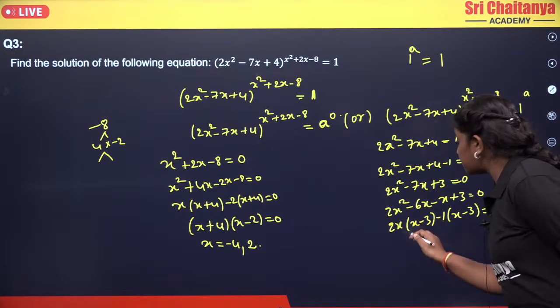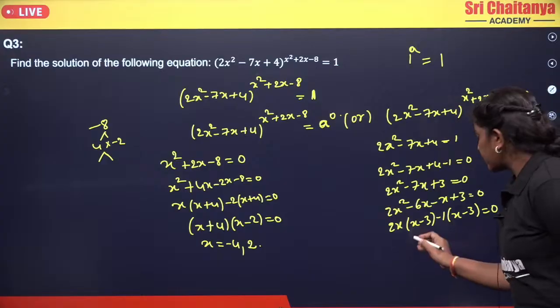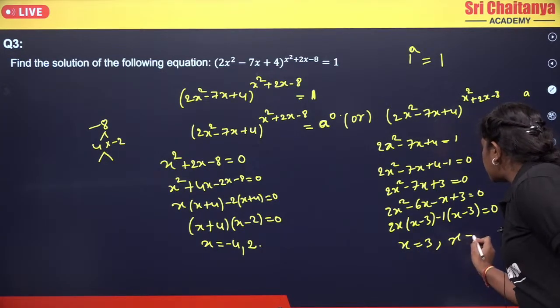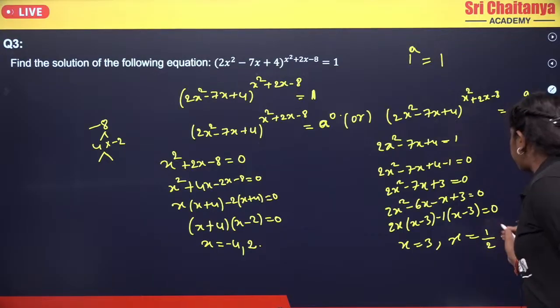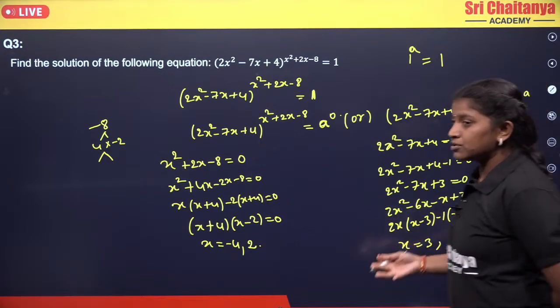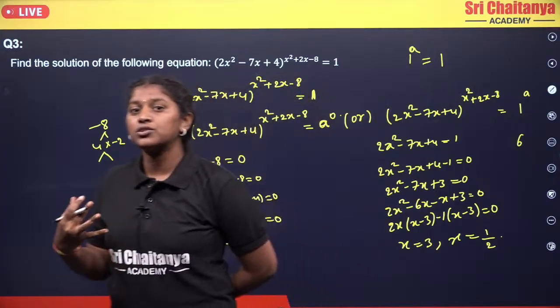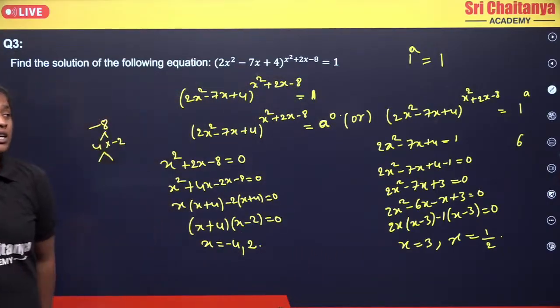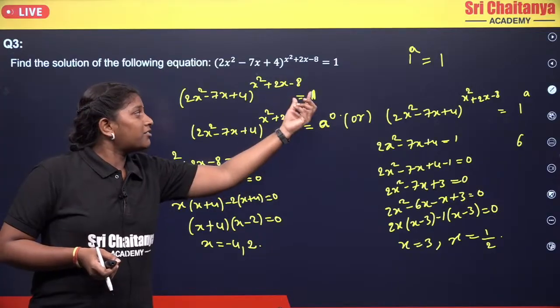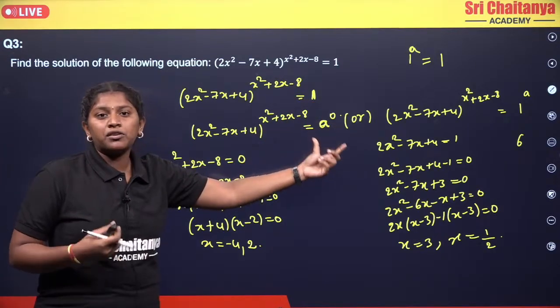If you simplify it further, you will get x equals 3 and x equals 1/2. So this is how we find the possible values, or the solutions, of the given equation. Here we can't conclude that our 1 will be equal only to a to the power 0.